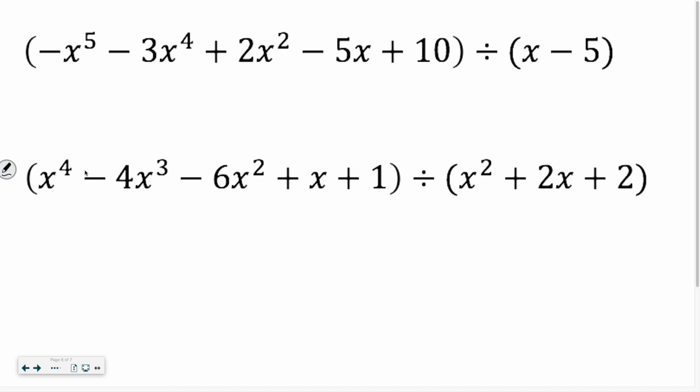Minus 3x, so it's going to come down first. Beautiful. It's good for you to check.